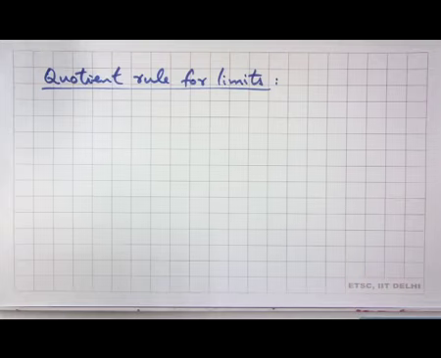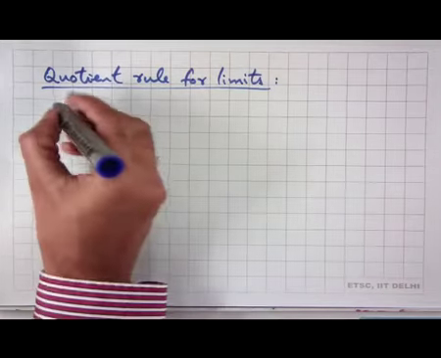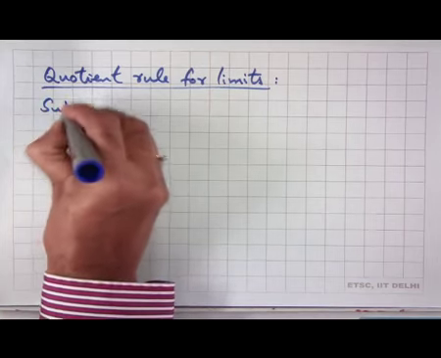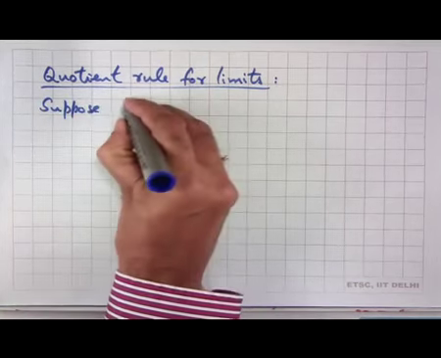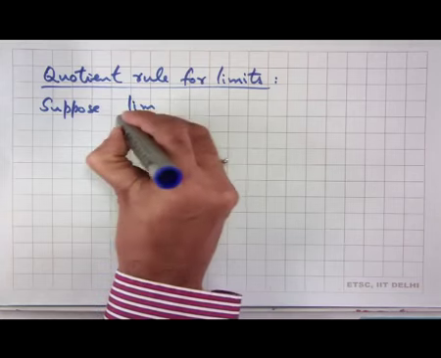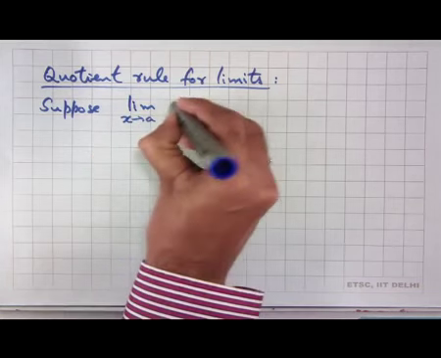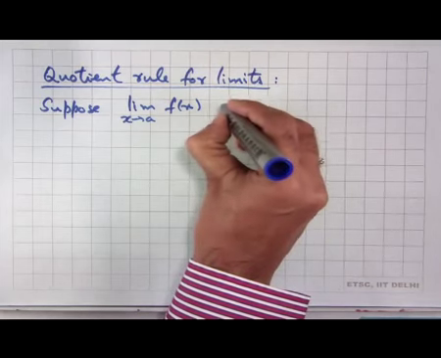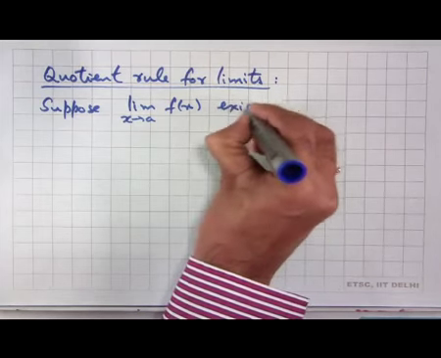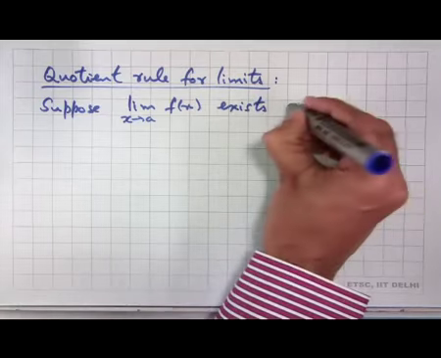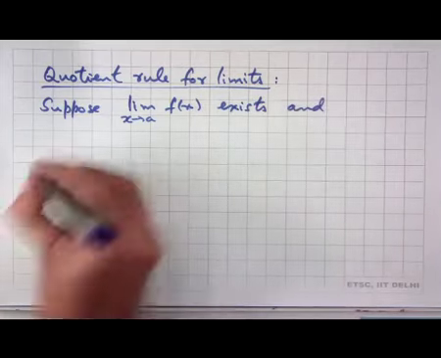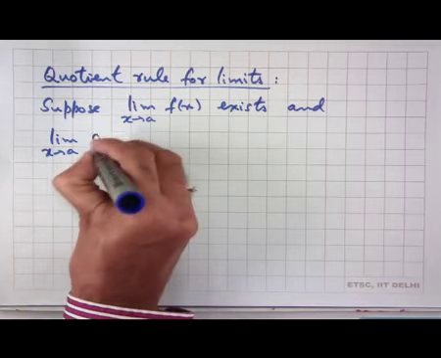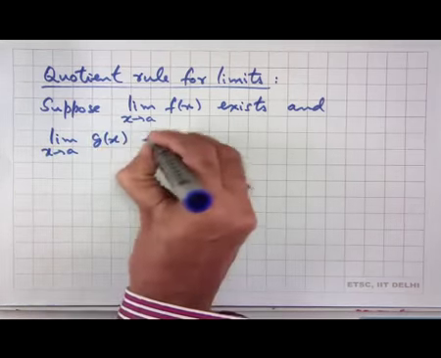So, suppose the limit of x going to a of f x exists and the limit of x going to a of g of x also exists.